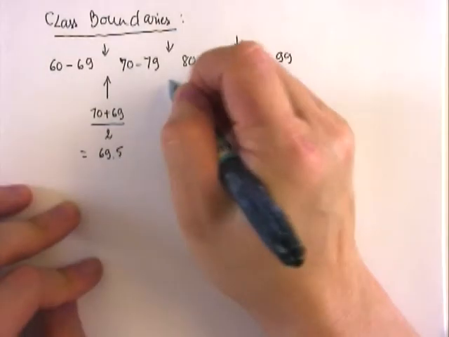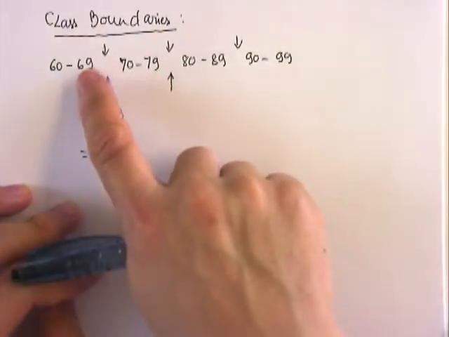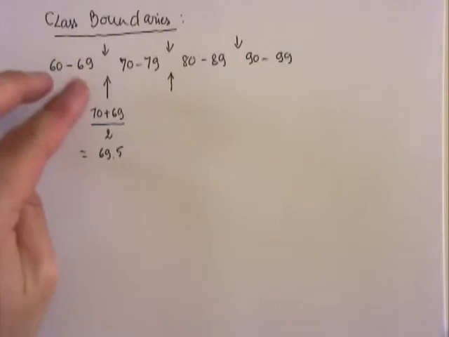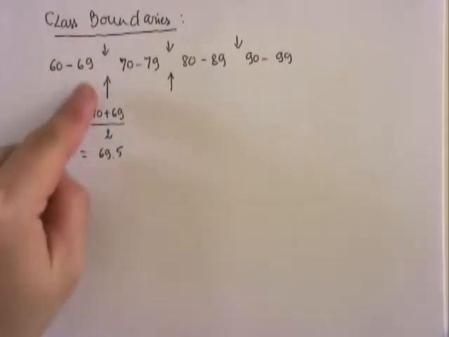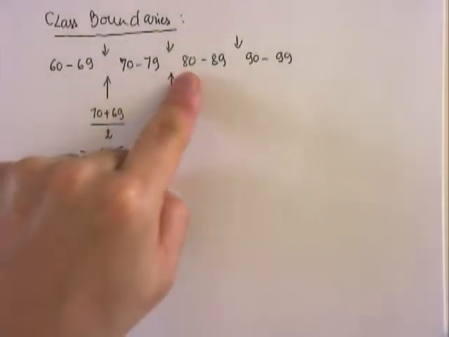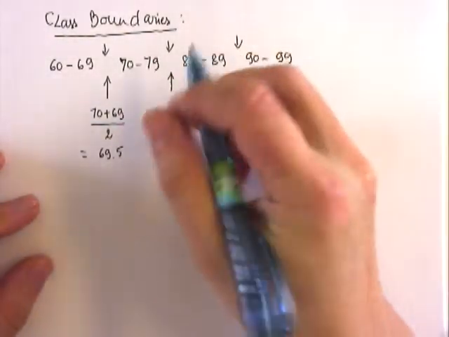And then likewise, here's my dividing line right here. You can notice in the way we constructed our frequency distributions earlier that between any two classes there are gaps between the upper limit of one class and the lower limit of the next. That's why we have to find the class boundaries.